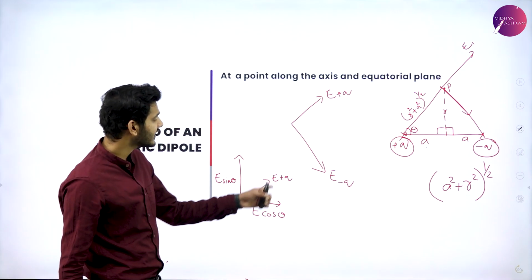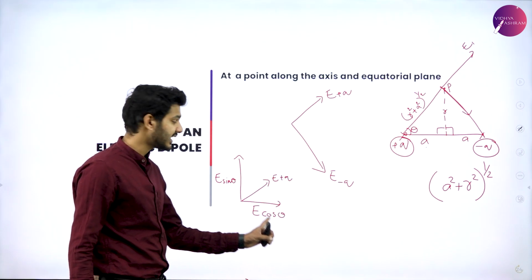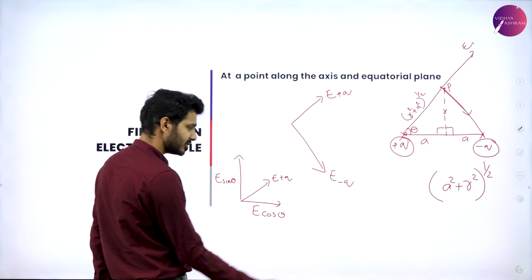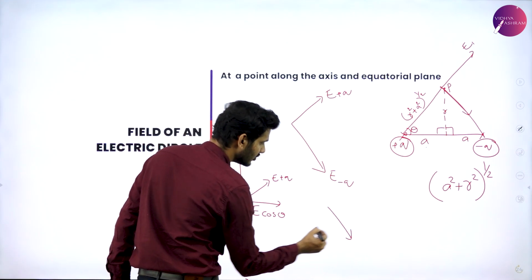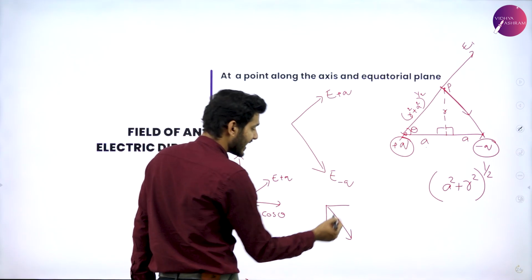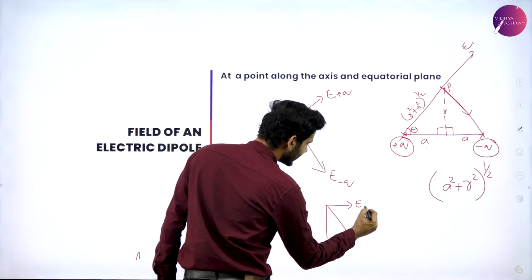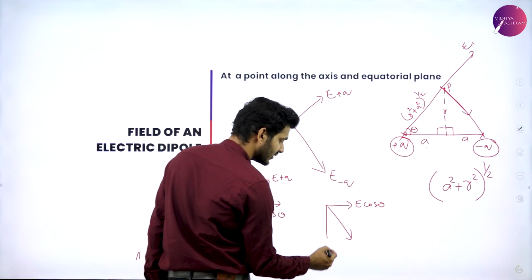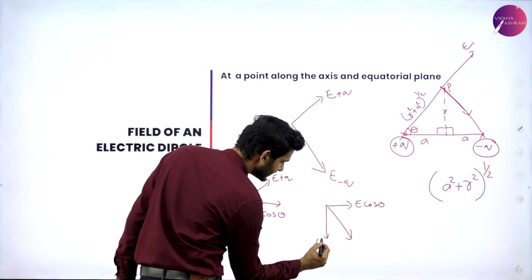So we can resolve E plus Q as E cos theta and E sin theta. And similarly, for the negative Q also, we can resolve it as E cos theta, negative Q, and E sin theta.